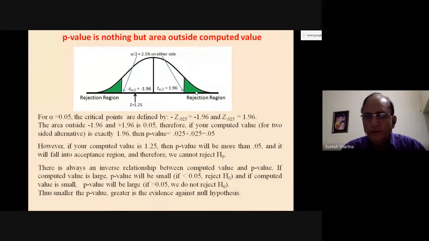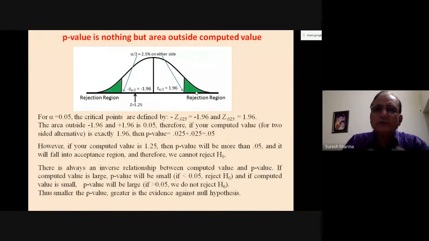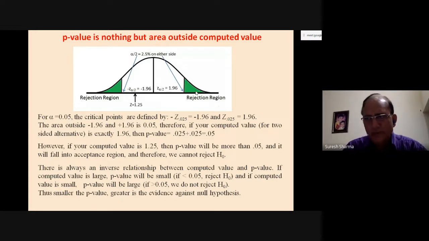But when will the p-value be higher? When the computed value is low. So there is an inverse relationship between the computed value and the p-value. If the computed value is more, the p-value will be small. But if the computed value is small, the p-value will be large.